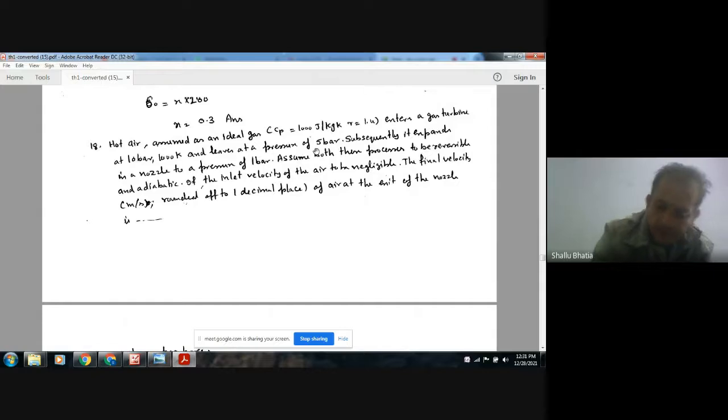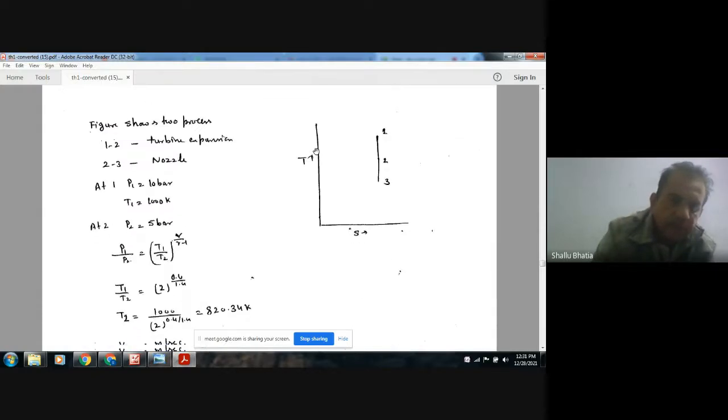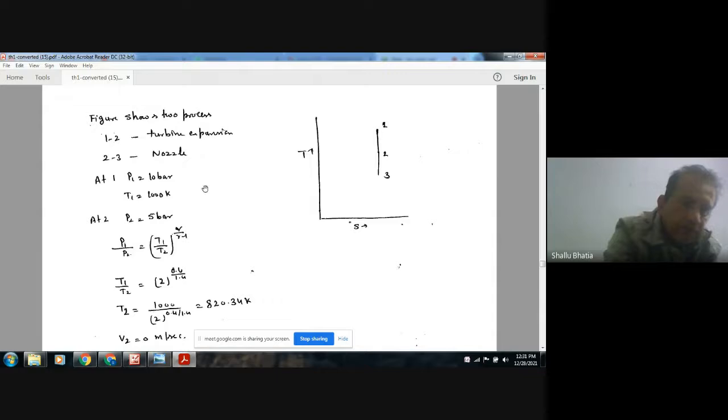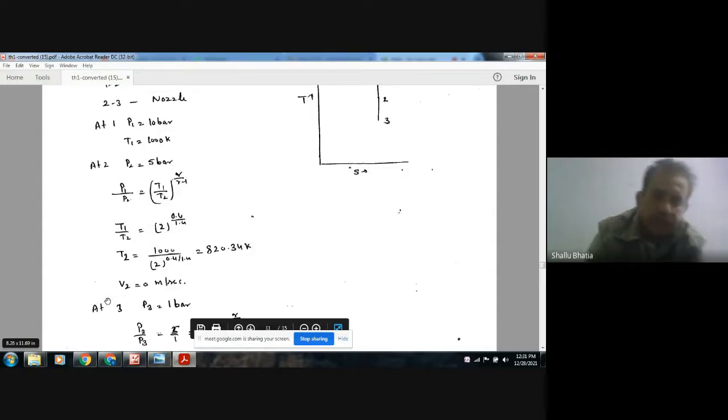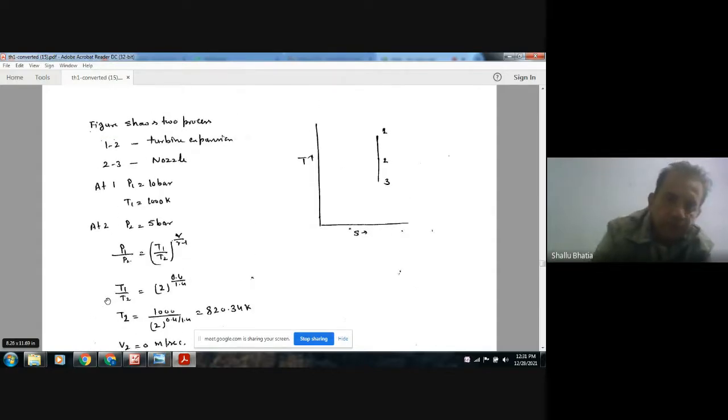Using the isentropic relationship between 1 and 2, P1 by P2 equals (T1 by T2) to the power gamma by gamma minus 1, we can find T2 because T1 is known and P2 is known. The only thing unknown is T2. So T2 is 820.34 Kelvin.